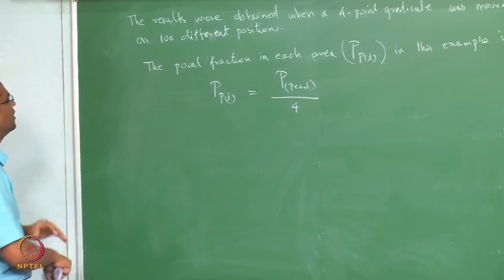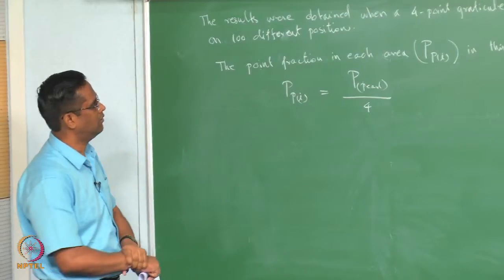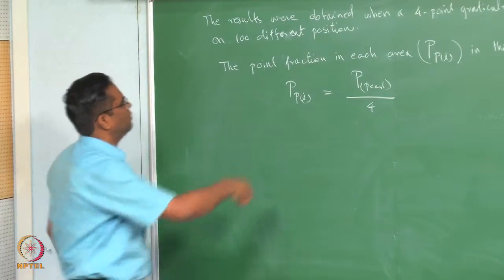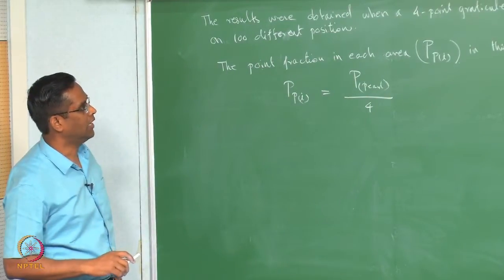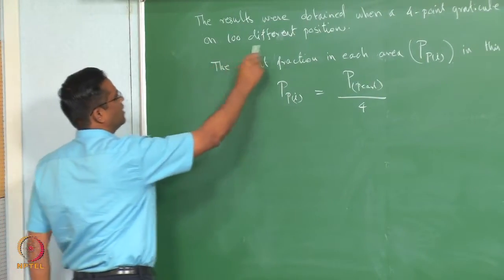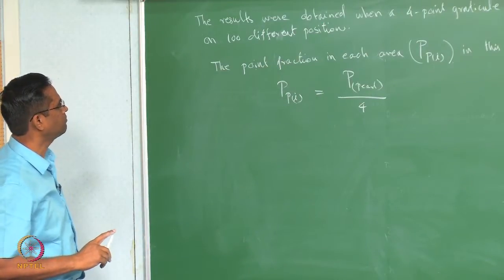So, what I have written here, the results which I am going to present on the blackboard, are obtained when a 4-point graticule, which I showed on the slide, was moved to 100 different positions using the microscope.